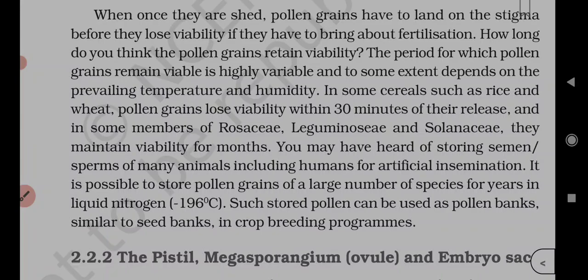Pollen grains occur by the meiotic divisions of diploid microspore mother cells or pollen mother cells. Microsporogenesis takes place in the anther. Megasporogenesis, the formation of megaspores, occurs by meiotic division of the diploid megaspore mother cell. Megasporogenesis takes place in the ovule.